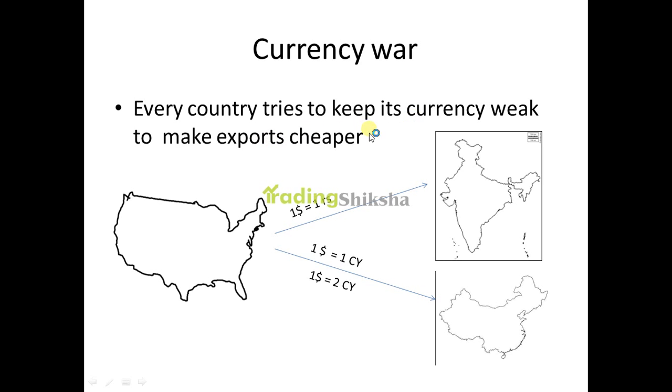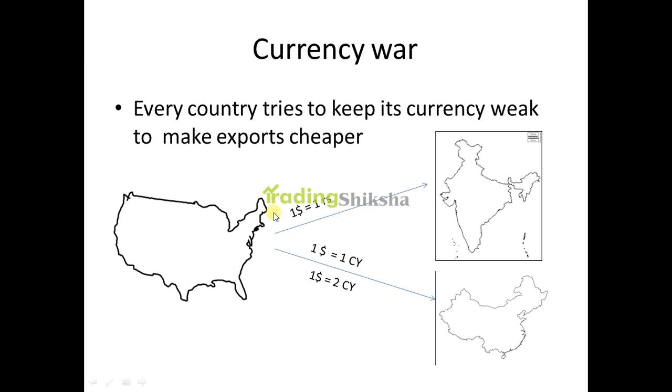I will explain this with an example. Suppose we take the US, which is an importer of goods and services because of its huge demand, and it is importing from either India or China. Suppose it has $1 and wants to import a good worth $1 from either India or China.